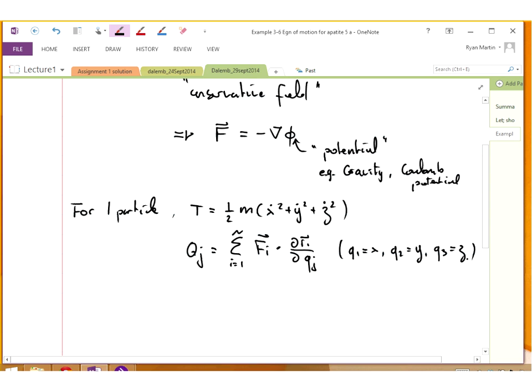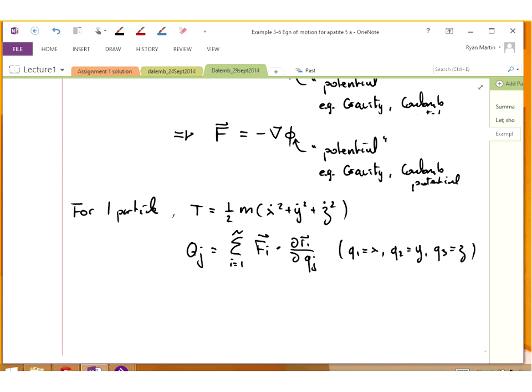That's our choice of generalized coordinates for Cartesian coordinates. Capital N is equal to 1. We only have one particle, so there's only the net force on the particle. Let's calculate the generalized force that comes from a force that's given by the gradient of a potential.